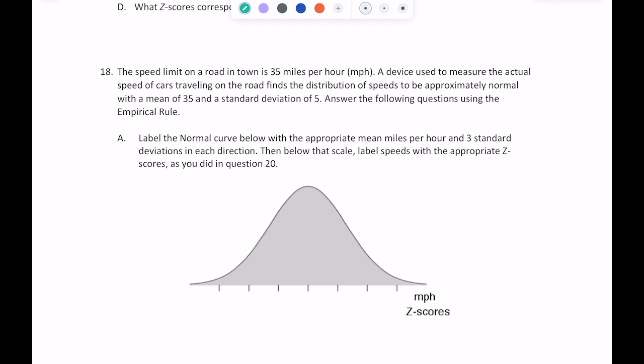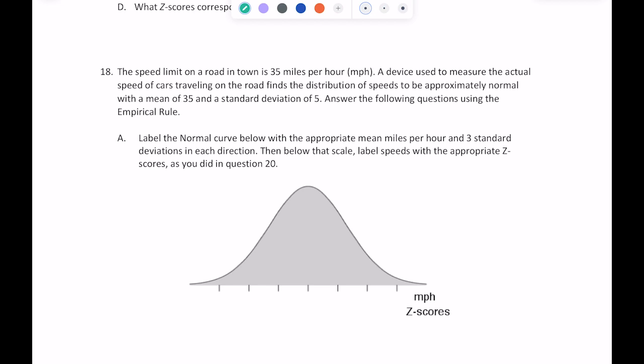That's generally the rule we're going to follow for the remainder of the course. Then, below that scale, label the speeds with the appropriate z-scores as you did in question 20.